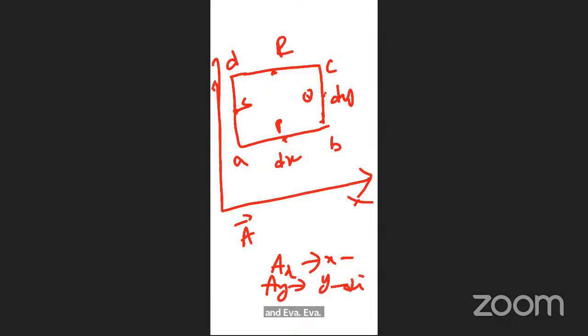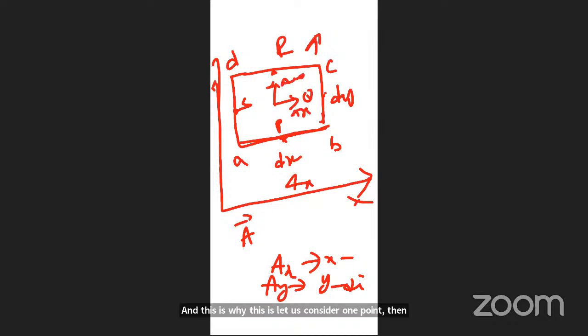The value of Ax at the midpoint P. Let us consider one point. This is the Ax direction, this is the Ay direction.